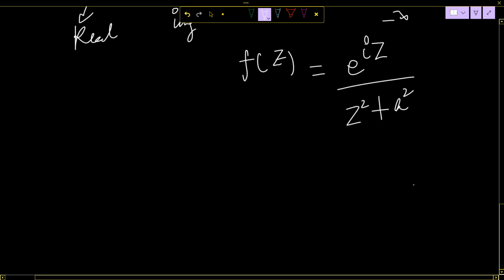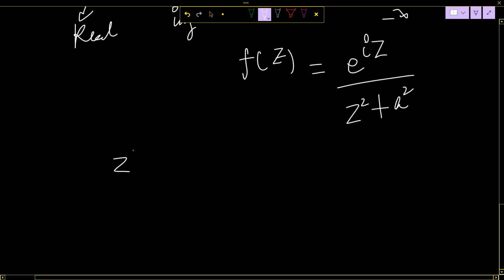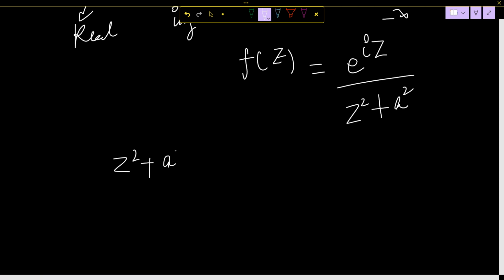Now what are the poles? See, the poles are where z square plus a square is equal to 0. Okay, so this is actually z plus ia whole into z minus ia is equal to 0, isn't it?